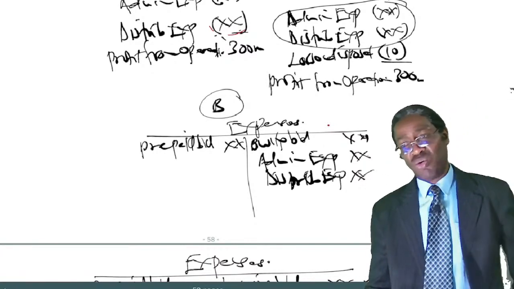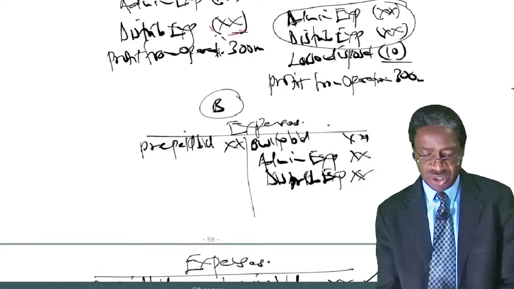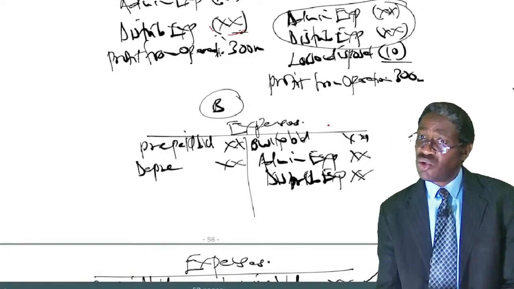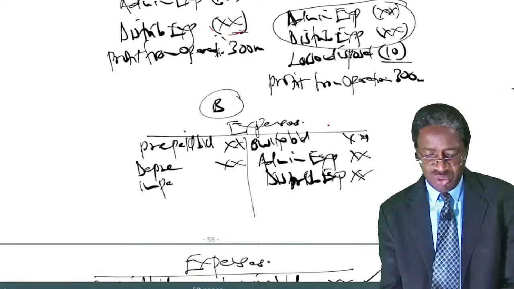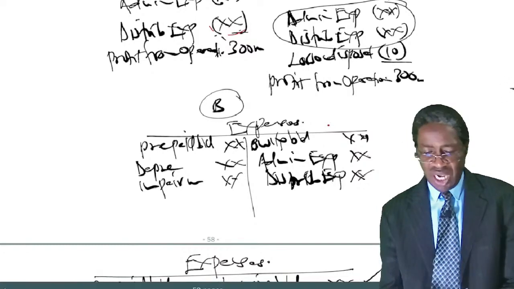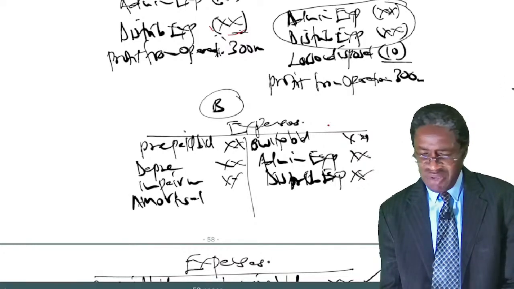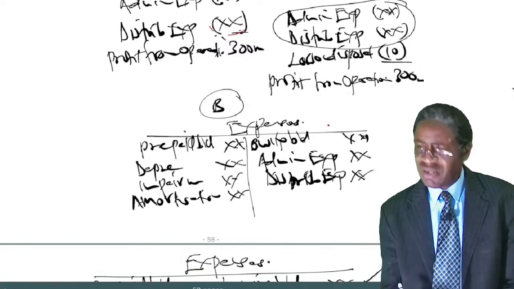Yes. One of them could be depreciation, remove. Another one could be impairment, remove. The other one could be amortization, remove. And many others. But now, listen.